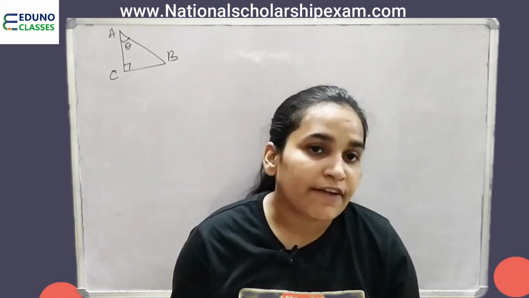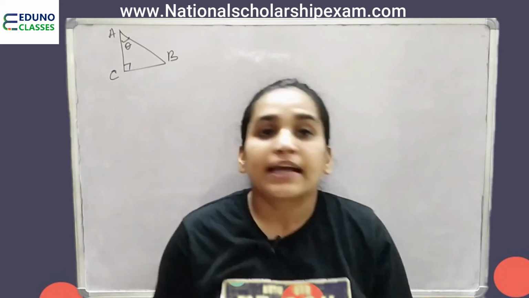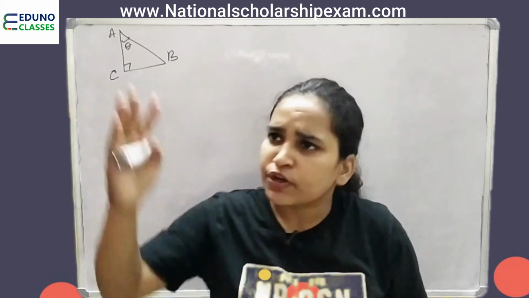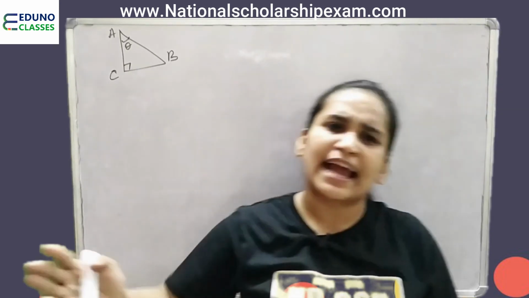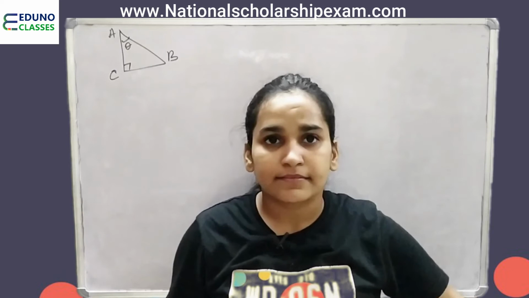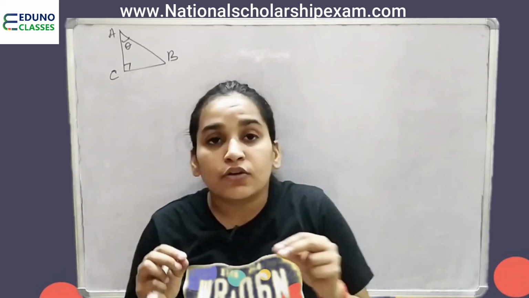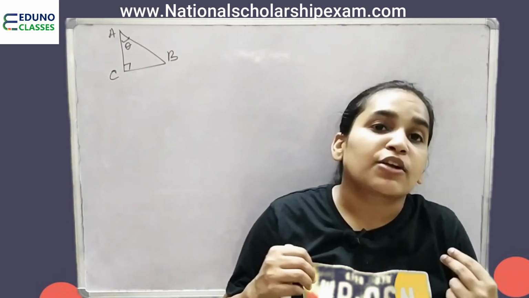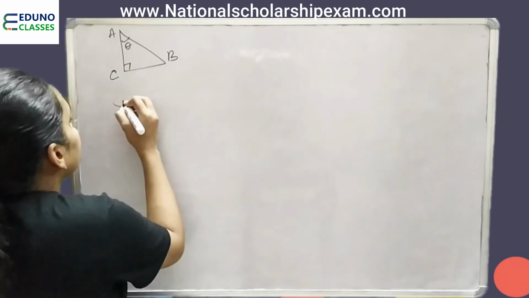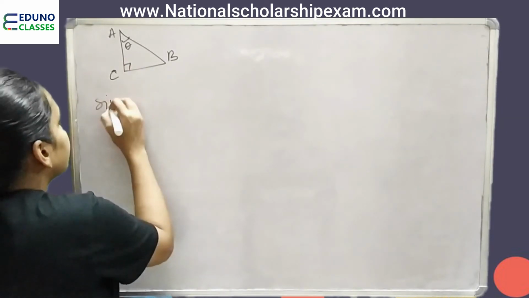Then the most important after them is tan theta. Then we have cosec theta, sec theta and cot theta, which can be written as inverses of sin, cos and tan. I want to tell you that we can write all the trigonometric ratios in terms of sin theta and cos theta.